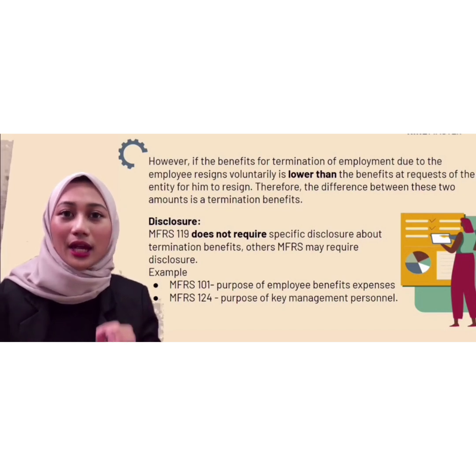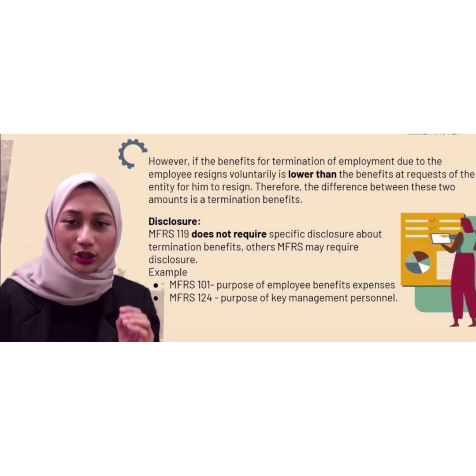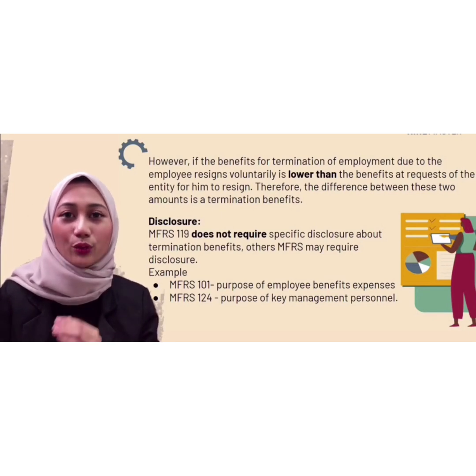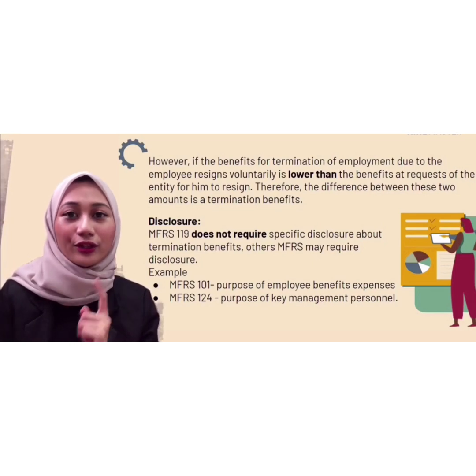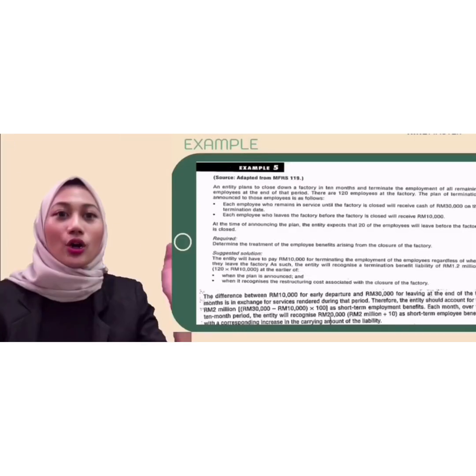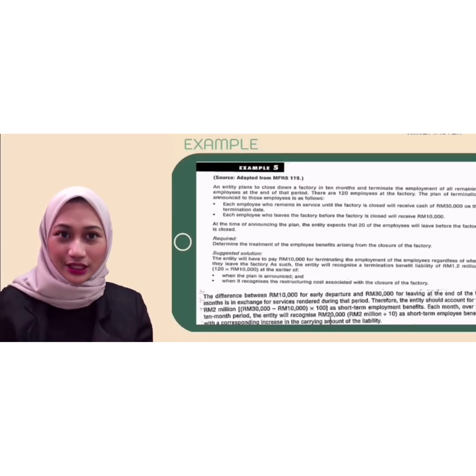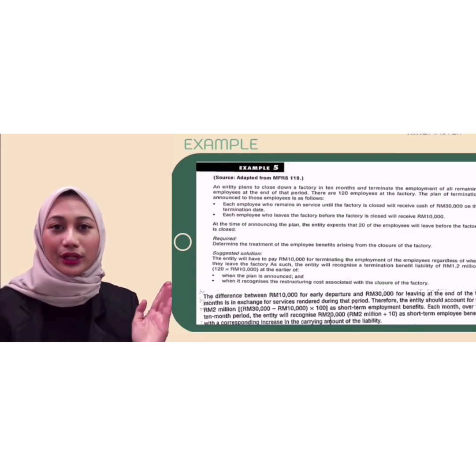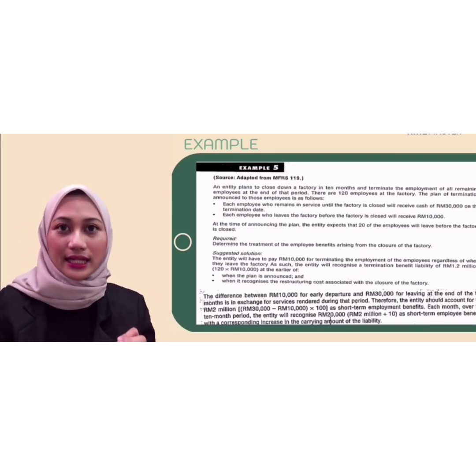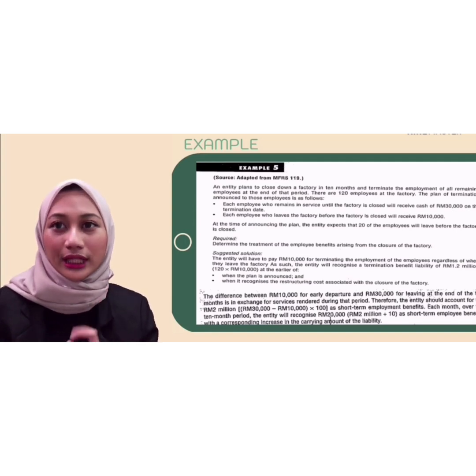However, other MFRS may require the disclosure, such as MFRS 101, Presentation of Financial Statements, on employee benefit expenses, and MFRS 124, Related Party Disclosures, on key management personnel. Okay, for a clearer explanation, this is an example adapted under MFRS 119. In this case, the entity decided to close down and there are 120 employees.